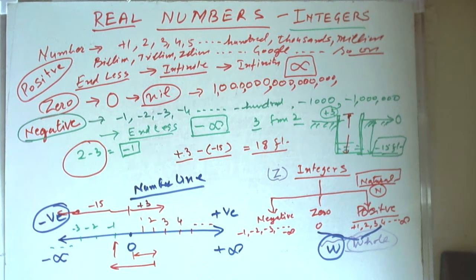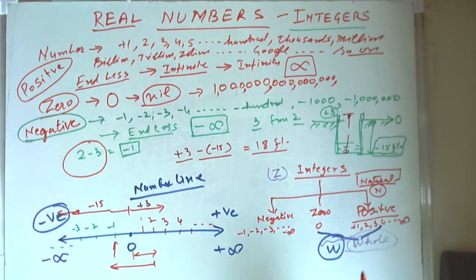So what we have learned in this video, we understood what are the positive numbers, what is 0, and what are the negative numbers. We also saw the graphical representation of the numbers in the form of a number line, as well as in terms of a classification chart here.